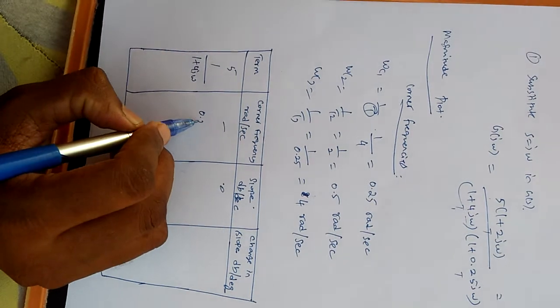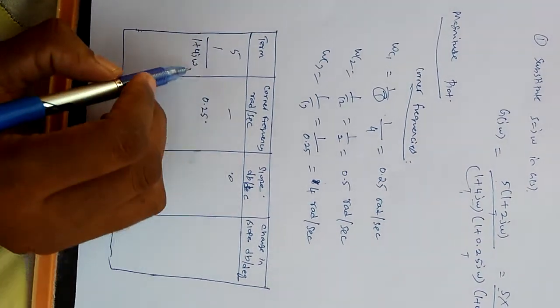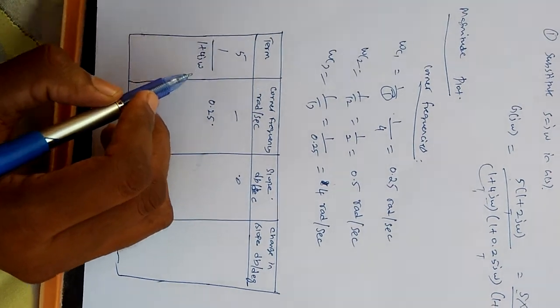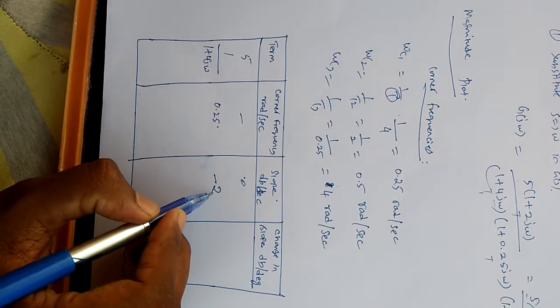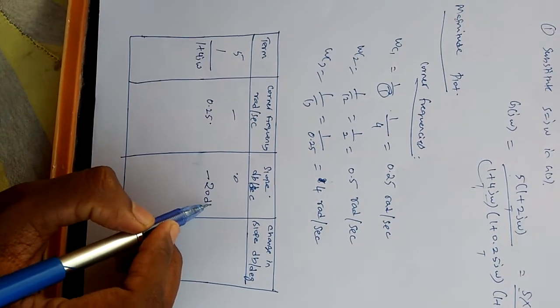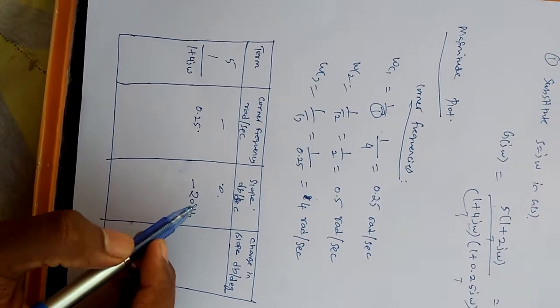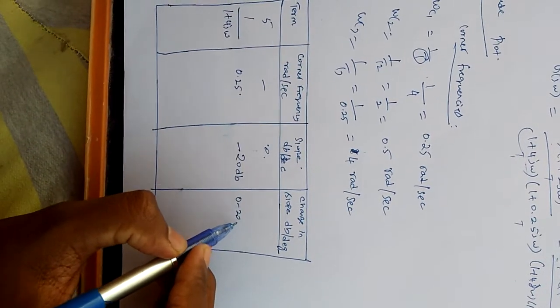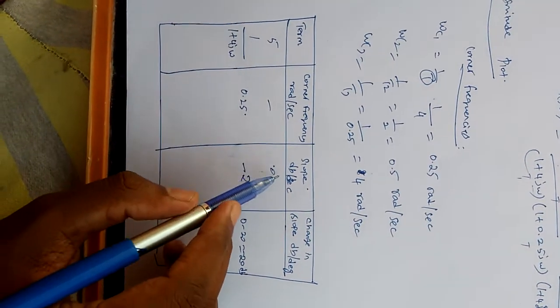Its corresponding corner frequency is 0.25, and since the j omega term is in the denominator, the slope is minus 20 decibel. The change in slope from the previous term is 0 minus 20, which is minus 20 decibel.